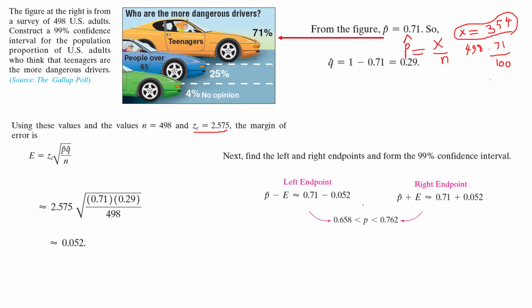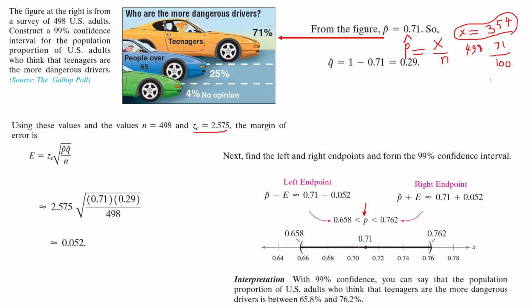So the population proportion of US adults who think teenagers are more dangerous drivers is in between 65.8% and 76.2%. Again, we are not 100% confident about the true population proportion, but we are 99% confident about that.